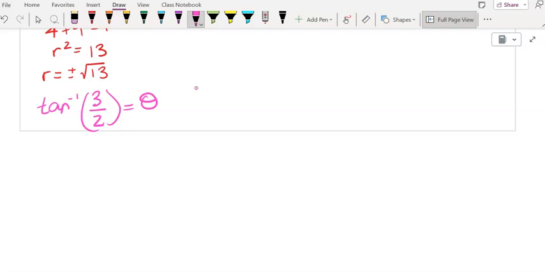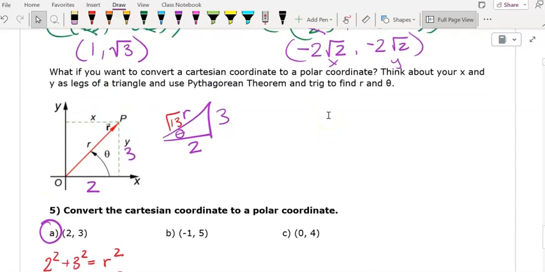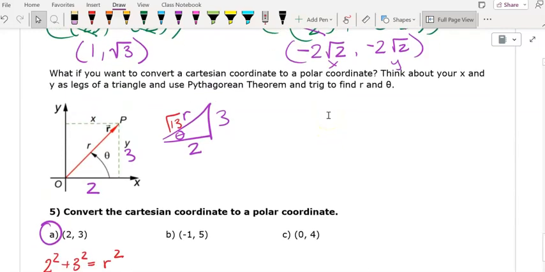And what I would do is put that in the calculator and get some value, and that would get me the actual angle measure in radians. However, this is not an exact value. It's not something that's going to be on our unit circle, so we're just going to leave it like this for right now because we don't know if this is a calculator question or a non-calculator question. So we're going to get used to looking at them in both ways.